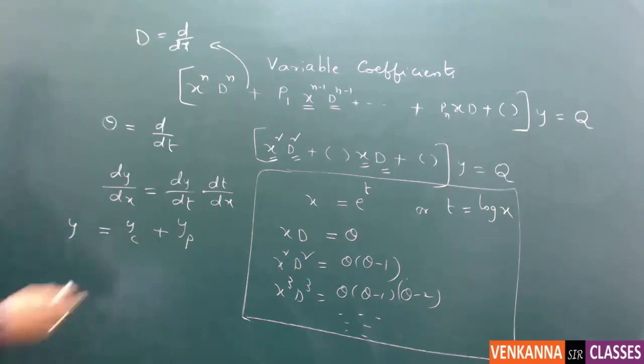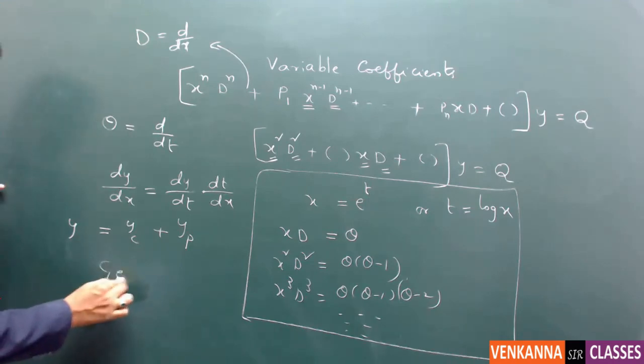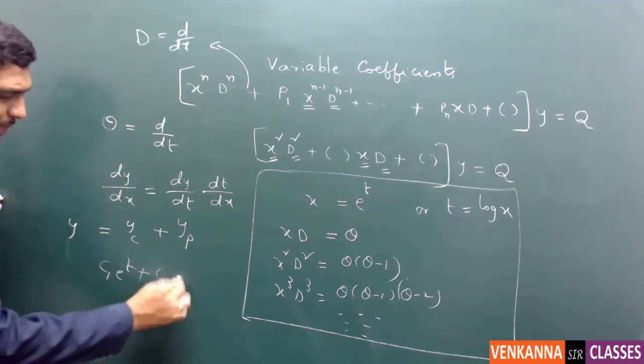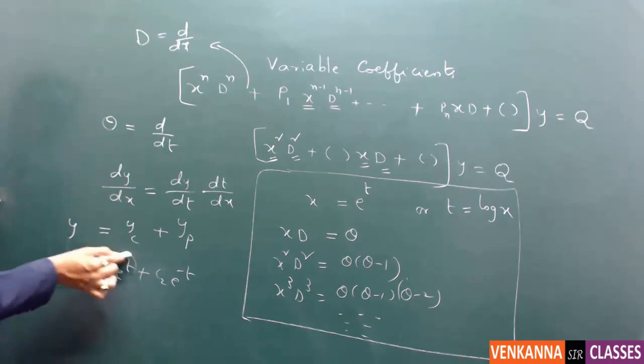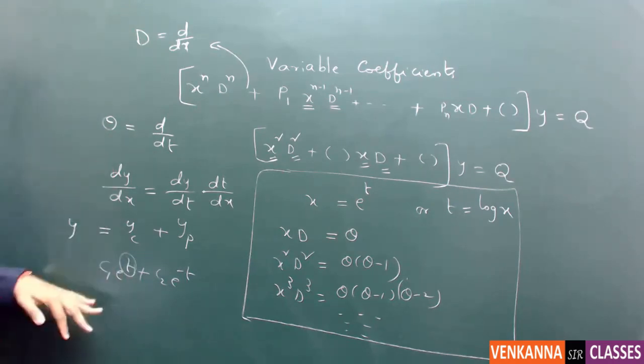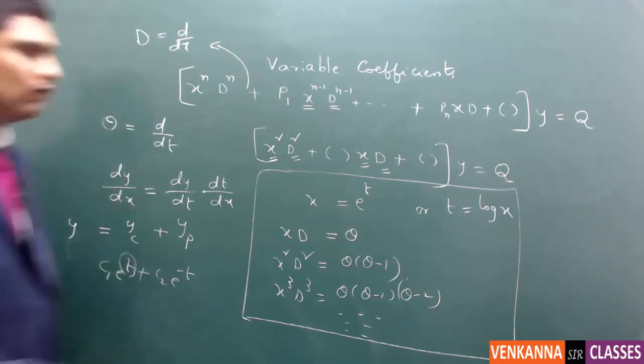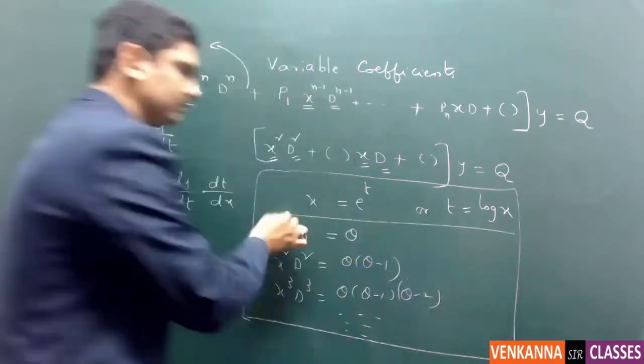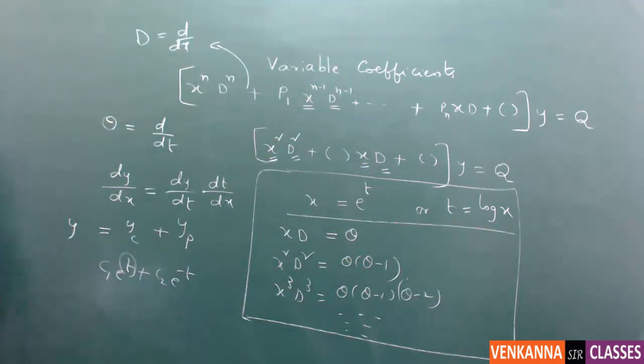So here, in writing yc, we will write like this: c1 e power t plus c2 e power minus t, and so on, where after evaluating the complete answer, in place of t, we go for the substitution. That is the approach or methodology to solve this problem. So please take a note of these substitutions, then I will go for a problem which gives you a clear idea.